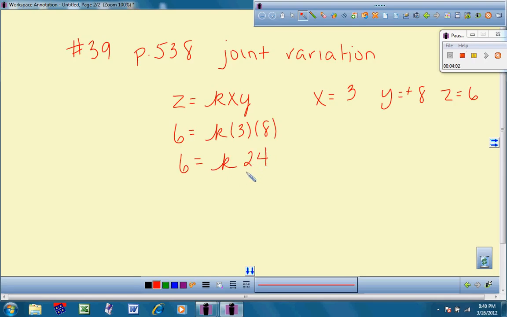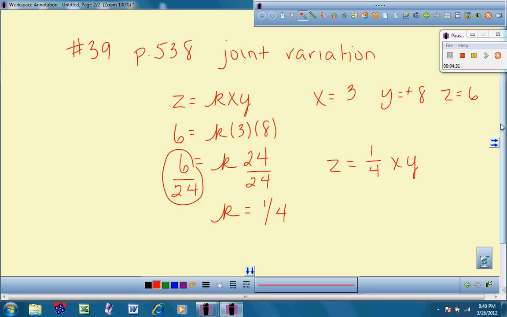We need to find the value of k, so we're going to divide out 24. Simplify 6 over 24, and we find that k is equal to 1/4. So to write the joint variation model, we would say z is equal to 1/4 x times y.